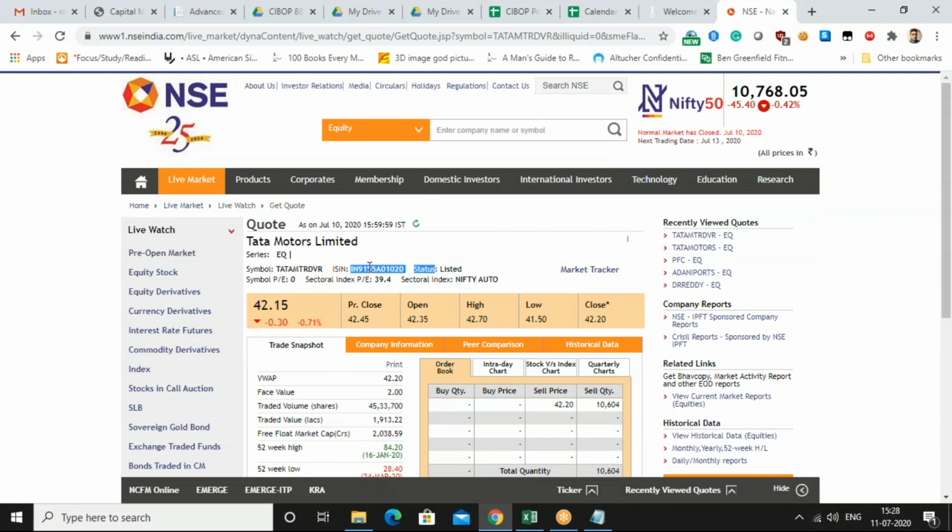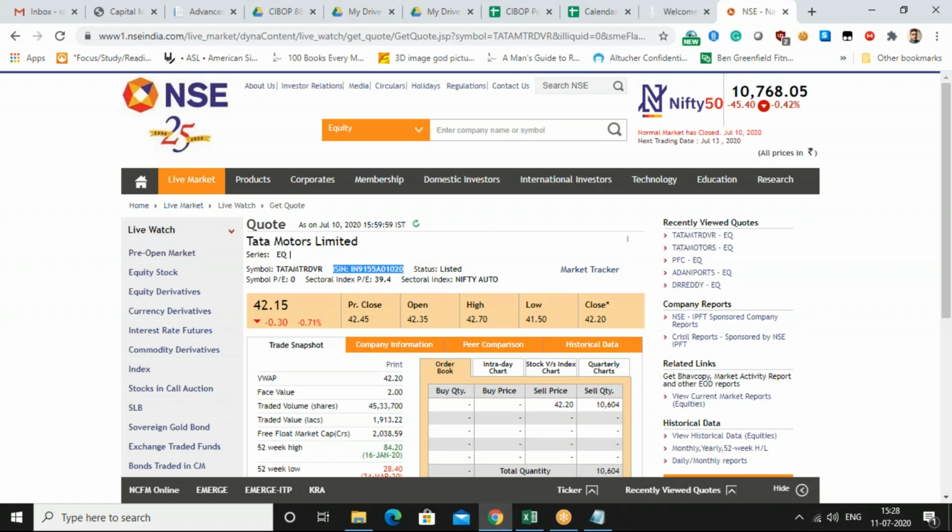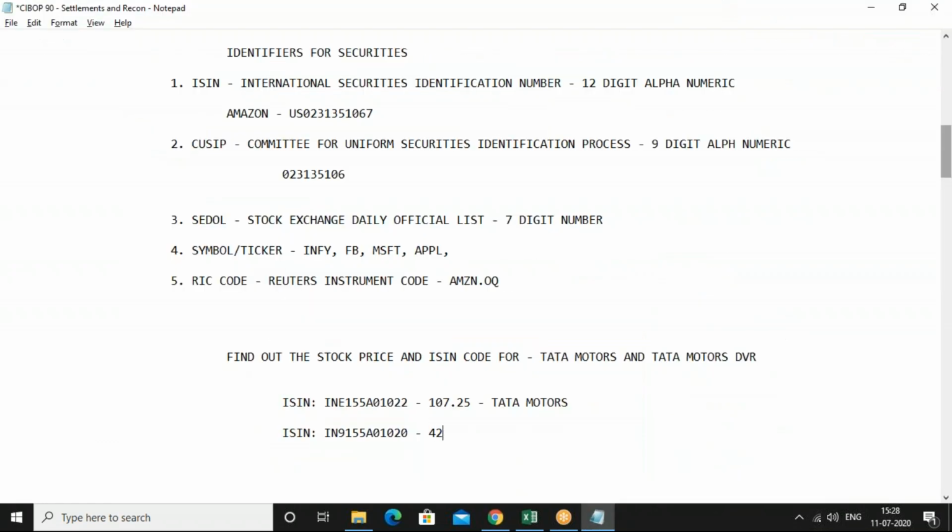See, now if you look at the ISIN code, and what's the price? 42.15.